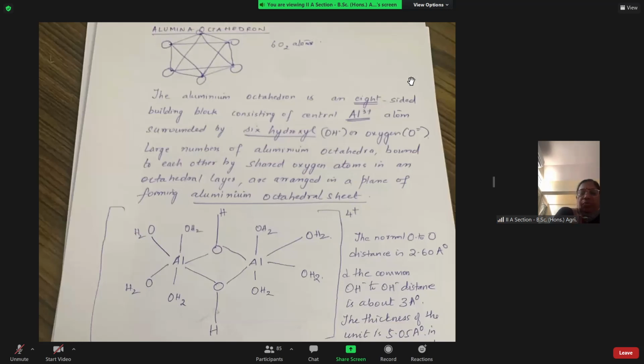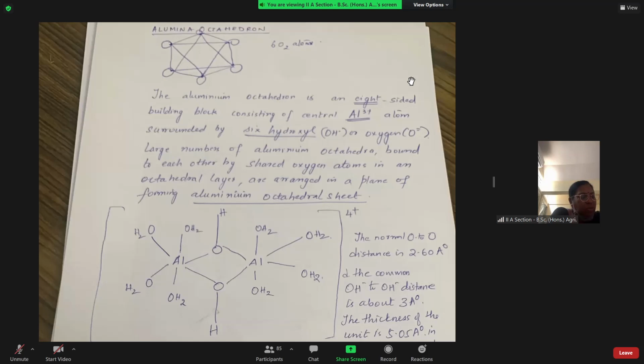So you should know the difference between octahedral sheet, dioctahedral sheet, and trioctahedral sheet. Trioctahedral sheet means magnesium atoms will be present in place of aluminum ions, and dioctahedral sheet means 2 aluminum ions linked with 1 silica tetrahedral sheet.